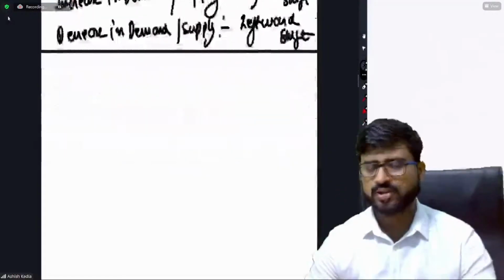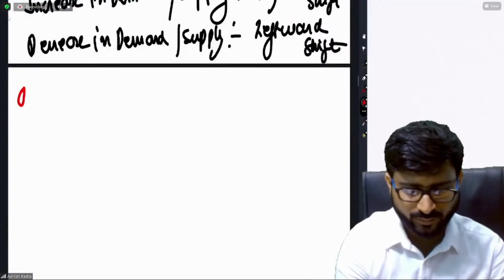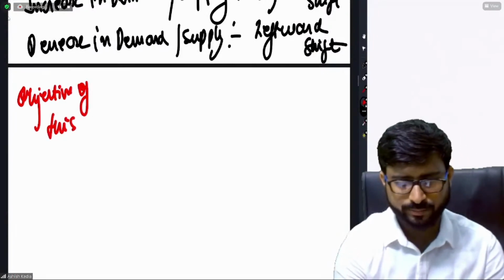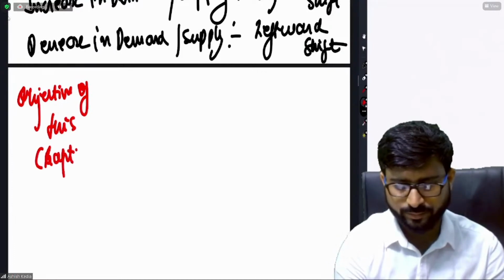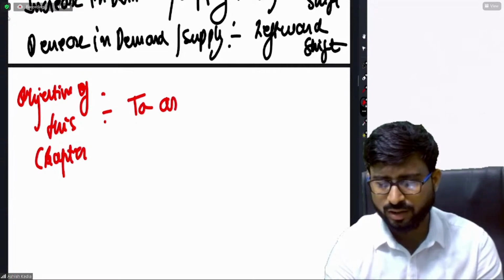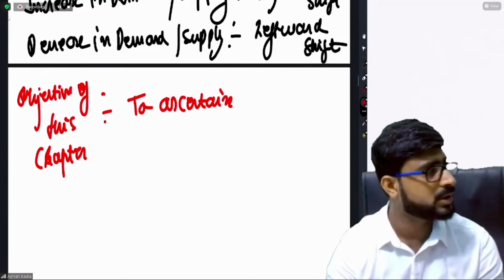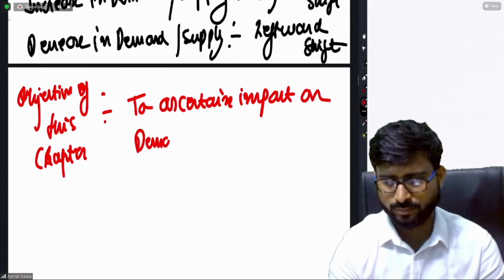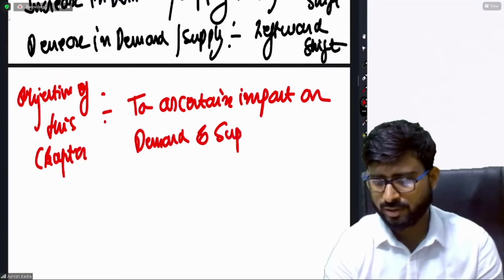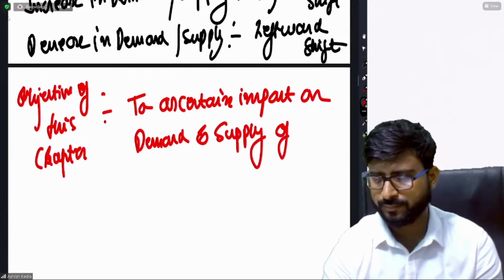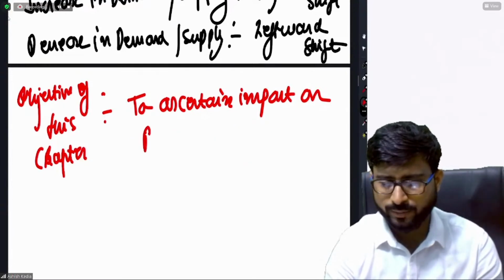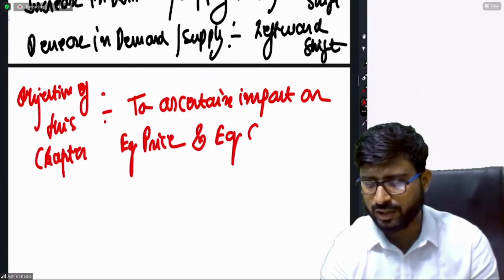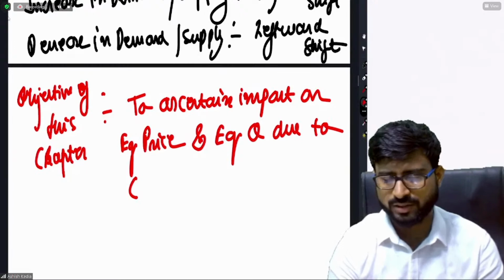Now, friends, what is the chapter objective? The objective of this chapter is to ascertain the impact on equilibrium price and equilibrium quantity due to change in demand or supply.